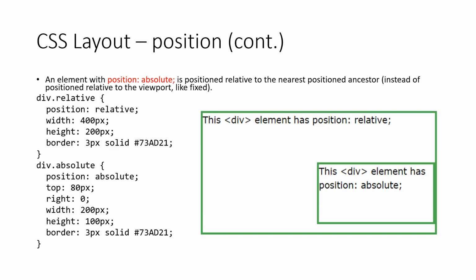So for example, the first one you can see on the right hand side, we have a div element with position relative, and the second div element has position absolute, right? So maybe we could finish this part and we'll do an exercise and try to understand how the positioning works.